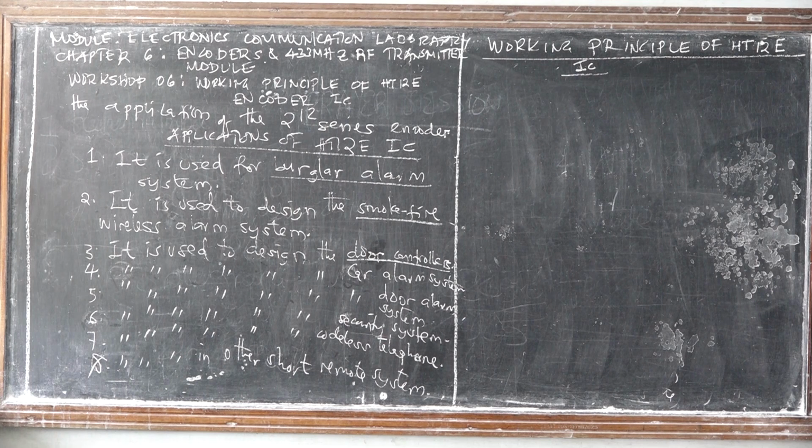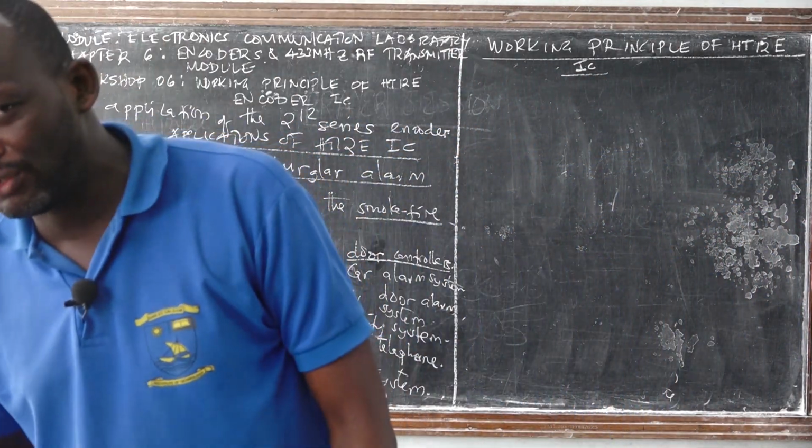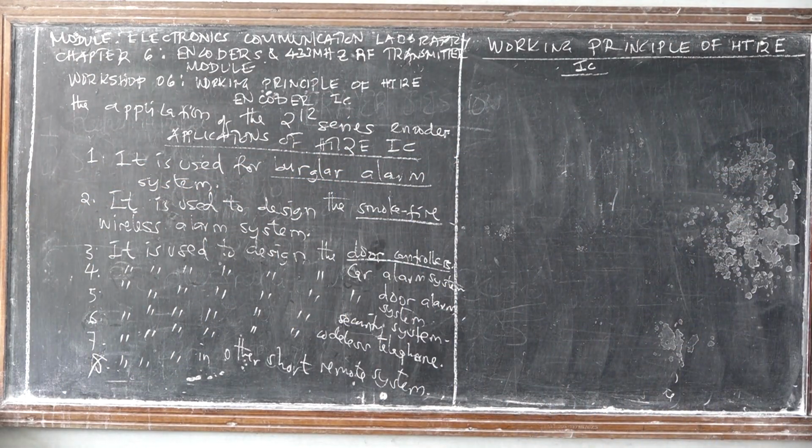And then once any intruder is detected, especially a human being, the system will send a signal to the receiver, which is in the car owner's bedroom. So you'll hear the buzzer. That is the first version.